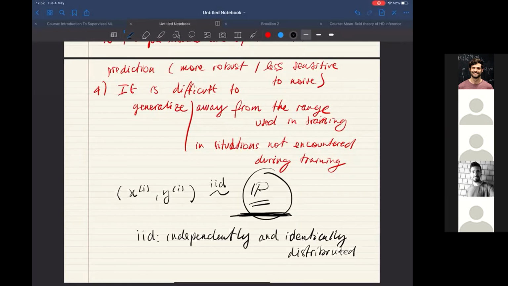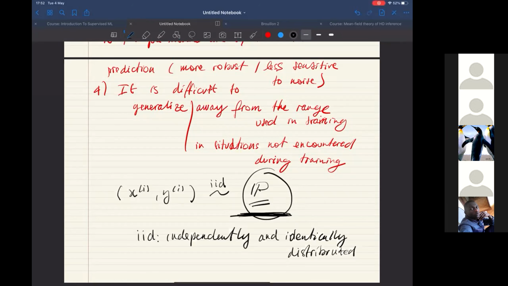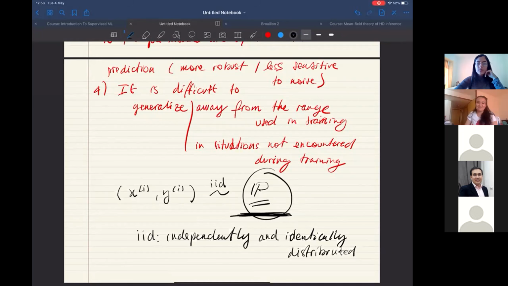Will we cover something called recommender systems and image segmentation and so on? No, we'll be much more humble.